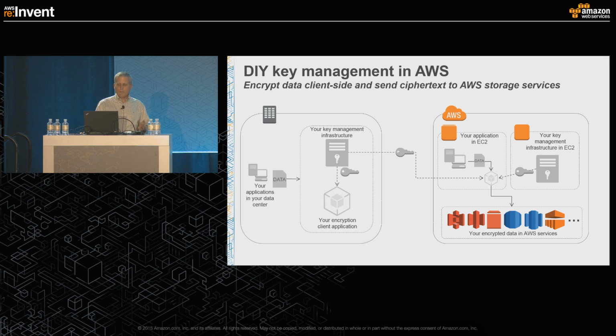And we have certainly customers that have done this themselves for very high value, high assurance workloads. And ultimately, you're going to be submitting a piece of ciphertext to an AWS service, typically just for storage. And you can be guaranteed that nobody is going to be able to open that ciphertext until that gets back to an application that you wrote.